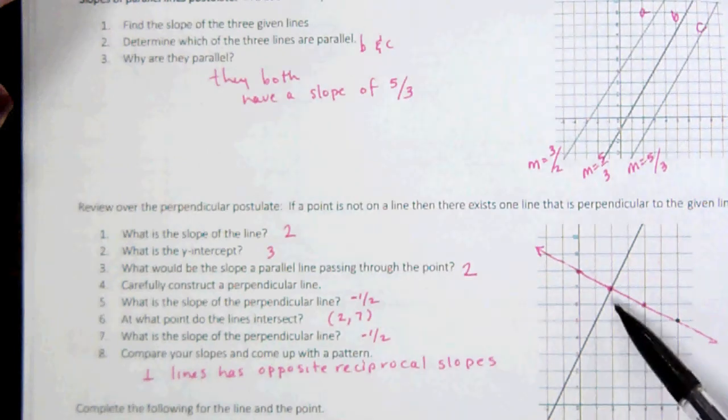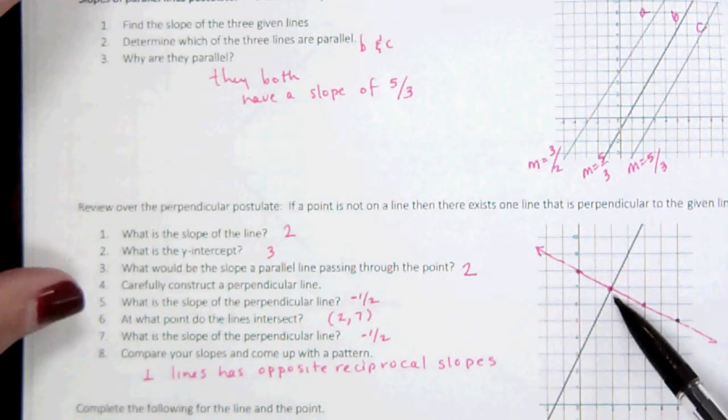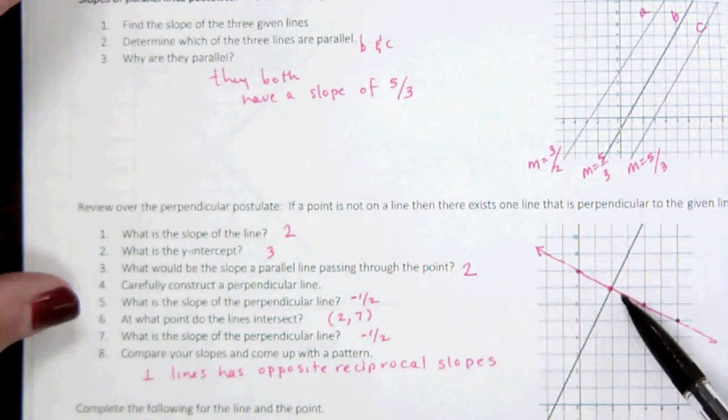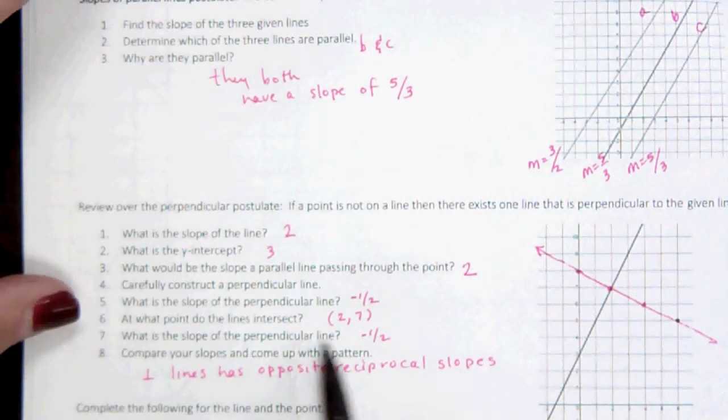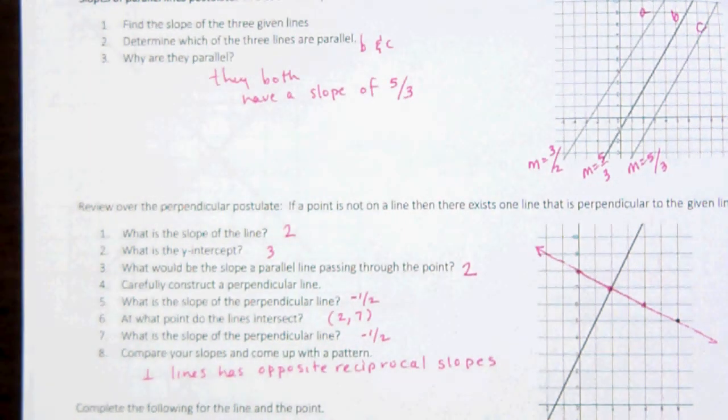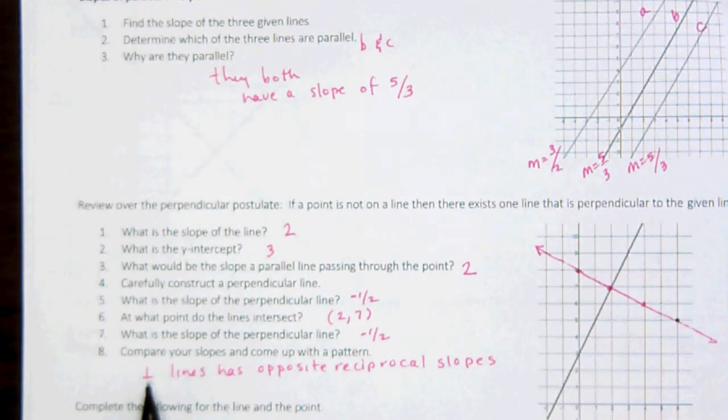And hopefully we can see that the lines are intersecting at the point 2, 7. Remember that my slope is negative 1/2. And reminding you, some of you maybe didn't catch in the earlier chapter, this is our symbol for perpendicular. Perpendicular lines have opposite reciprocal slopes.